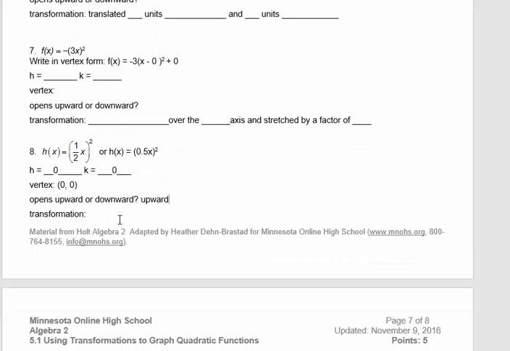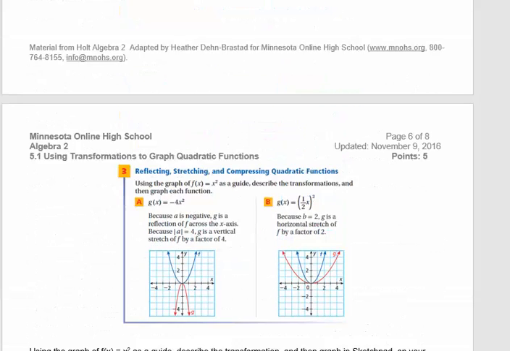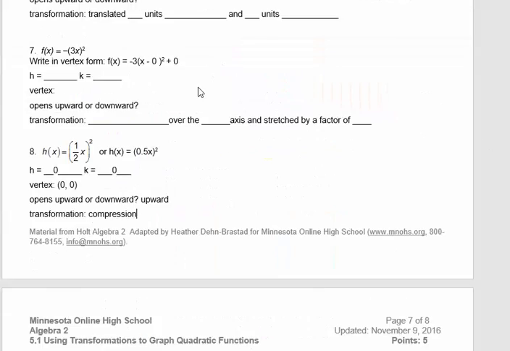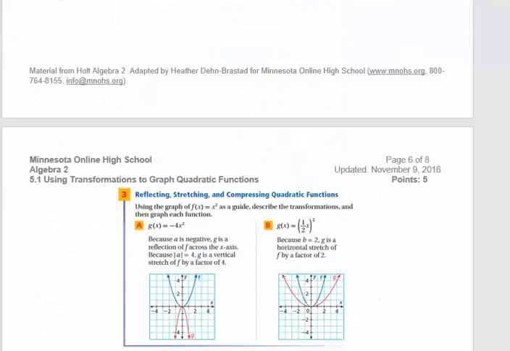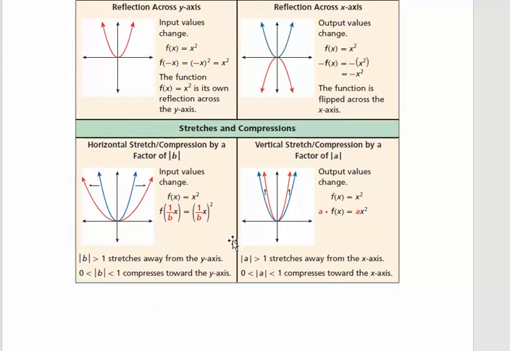Which one was I doing? And the factor is, let's look back at our box. Our compression is by a factor of 1 over that number.